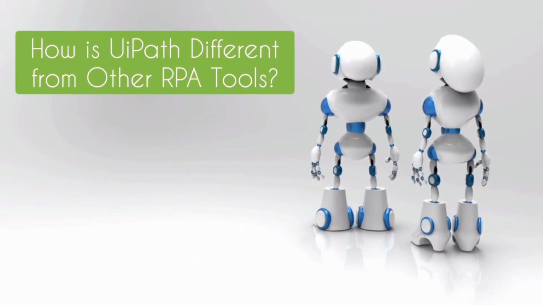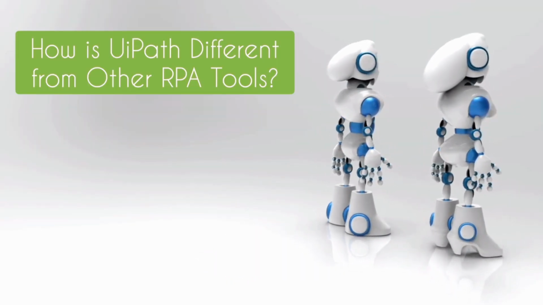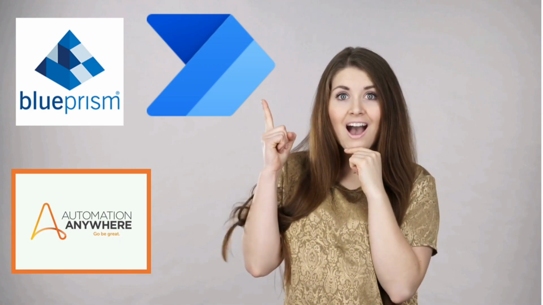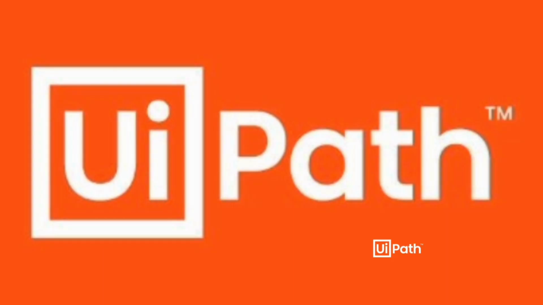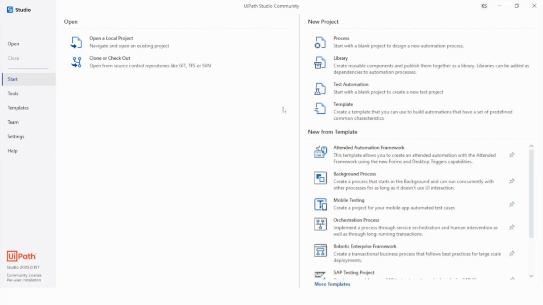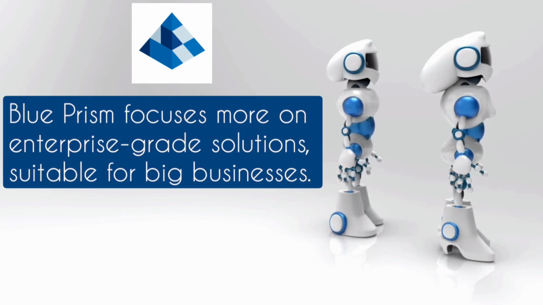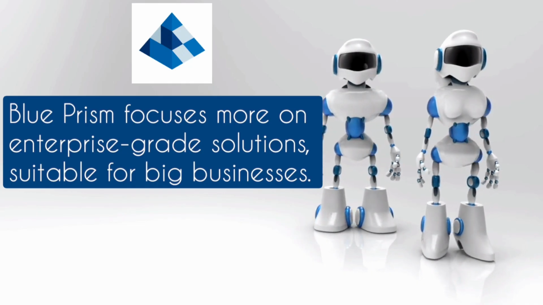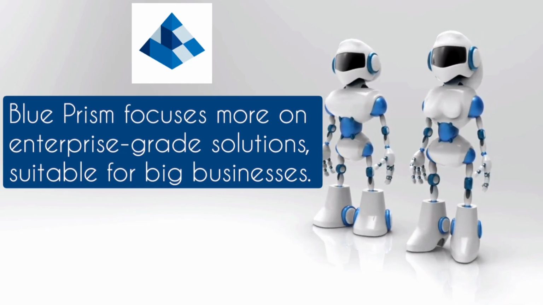How is UiPath different from other RPA tools? You might be wondering, there are so many RPA tools, Blue Prism, Automation Anywhere, Power Automate, and how is UiPath different? Here is a quick comparison. UiPath is known for its ease of use and beginner-friendly interface. Blue Prism focuses more on enterprise-grade solutions suitable for big businesses.